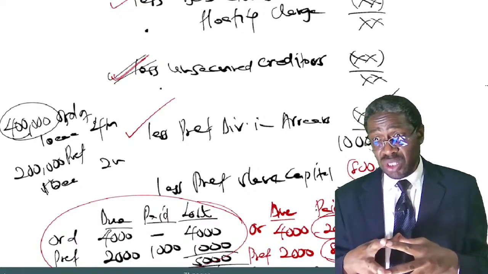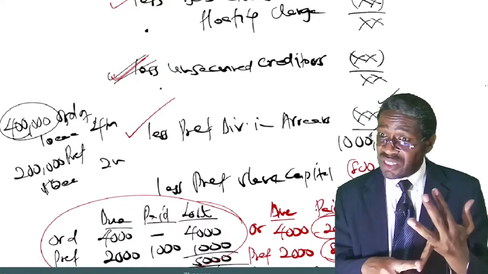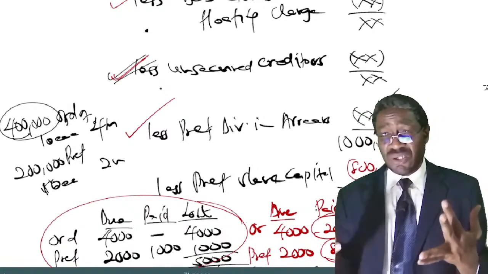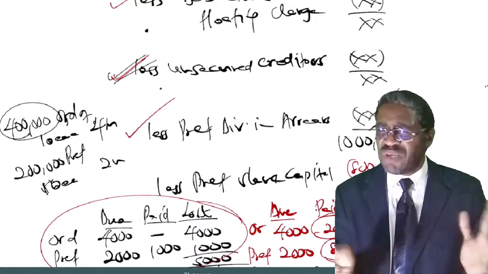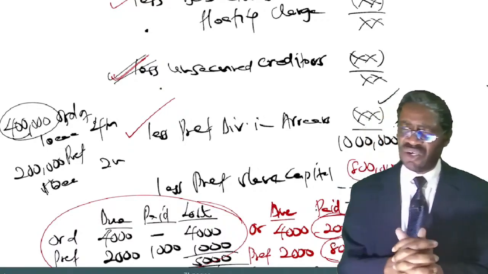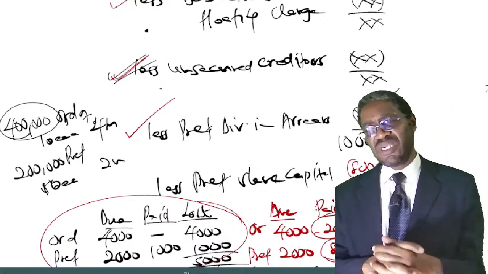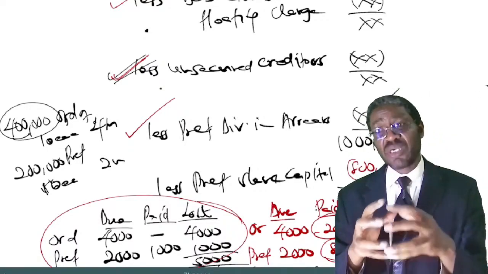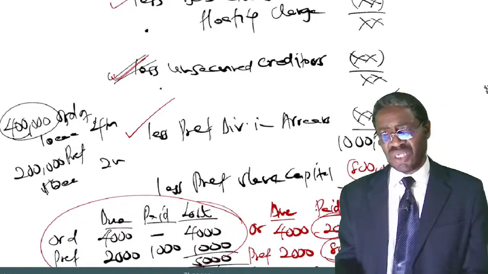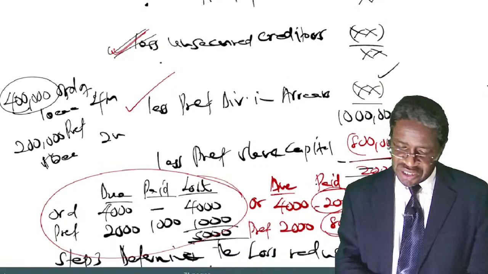I told you it could be a bank overdraft that has no security. It could be a normal bank loan which did not have security, or it could be the normal trade creditors. So any liability that does not have security, we normally classify it as unsecured creditors. So you combine all of the liabilities which don't have any security, and then you pay them at that stage.